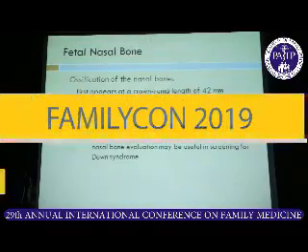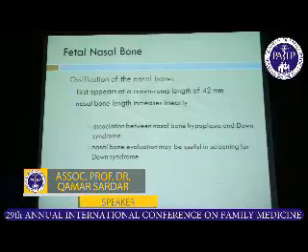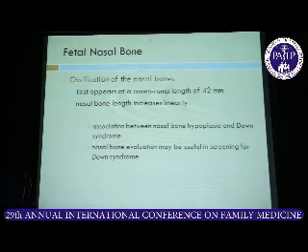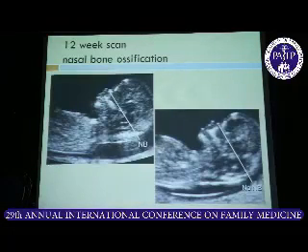Fetal nasal bone: usually at a crown-rump length of 42 millimeters, the fetal nasal bone is visible. Its absence or hypoplasia is associated with a syndrome called Down syndrome. If you look here, these are two examples.